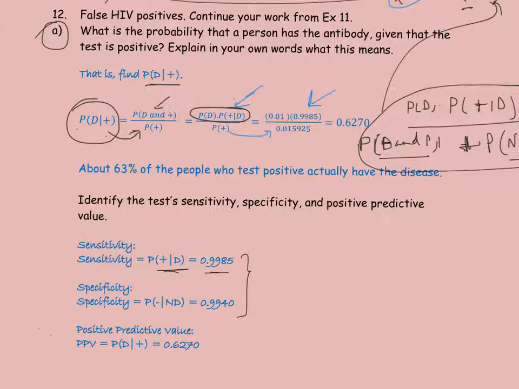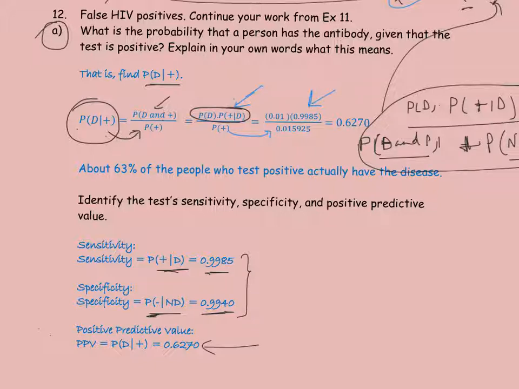It's a number that's pretty high, 0.9985. This is also usually given to us when we use the Bayes' theorem. What is the probability that someone shows negative given that they do not have the disease? That's pretty high, 0.9940.